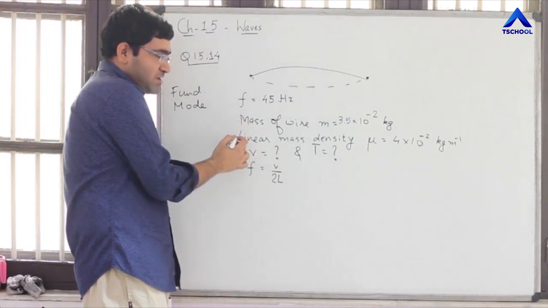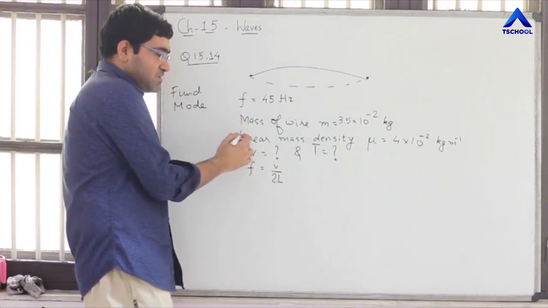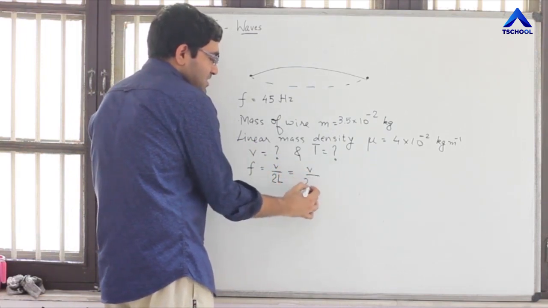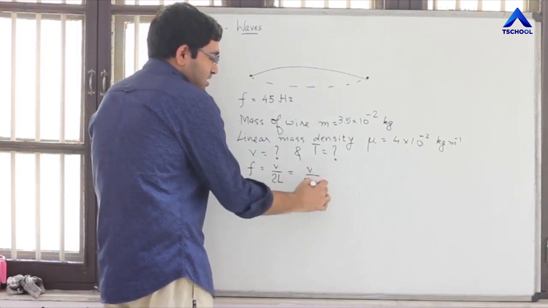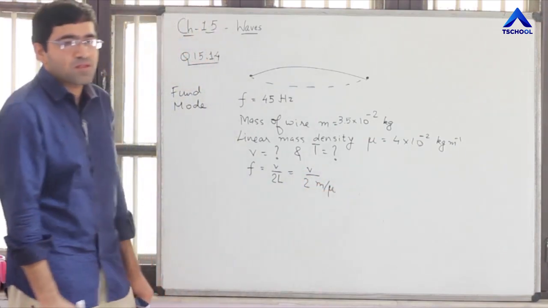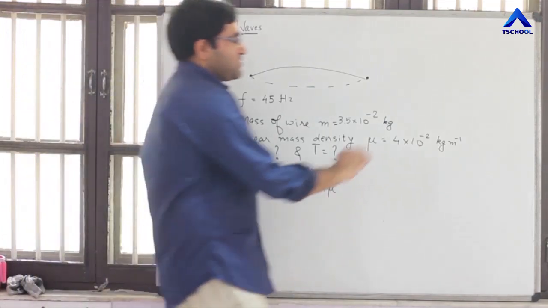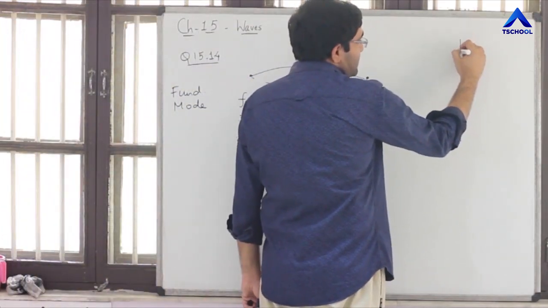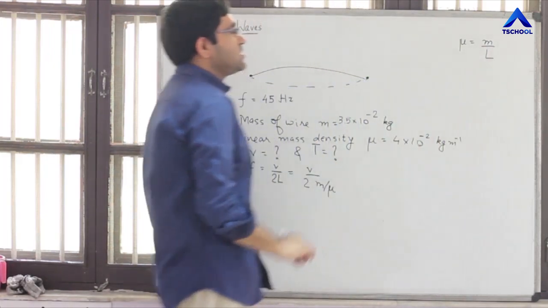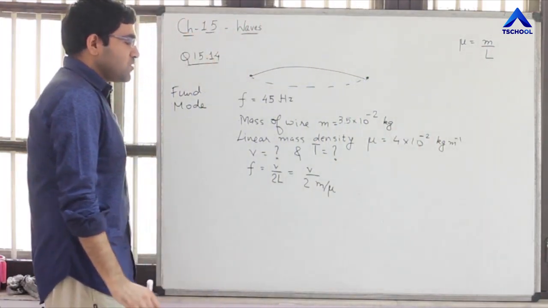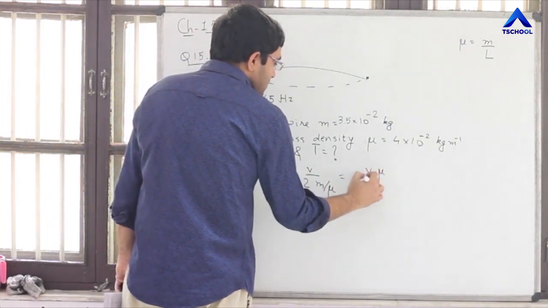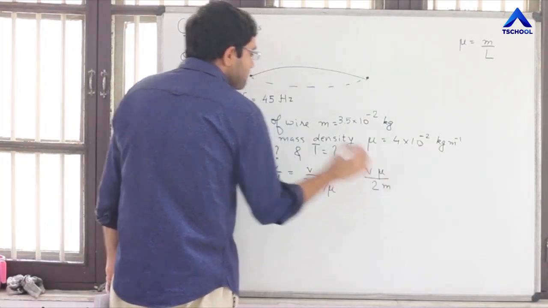Mass of the wire is given and the linear mass density is given. So using that, the length is equal to mass divided by the linear mass density. You could verify that very easily, as mu is mass divided by the length, so length is m upon mu. If we put it here, we get f equals v into mu upon 2m.